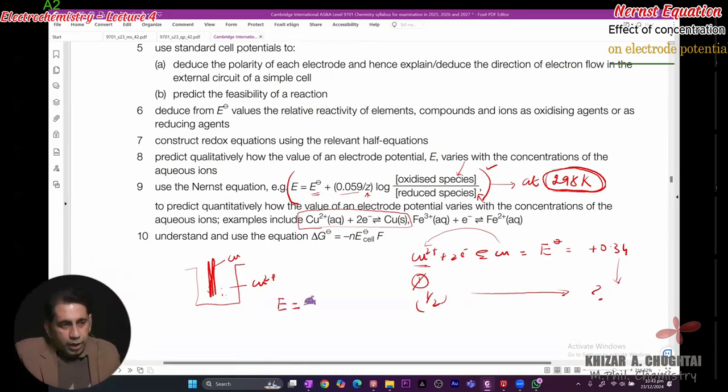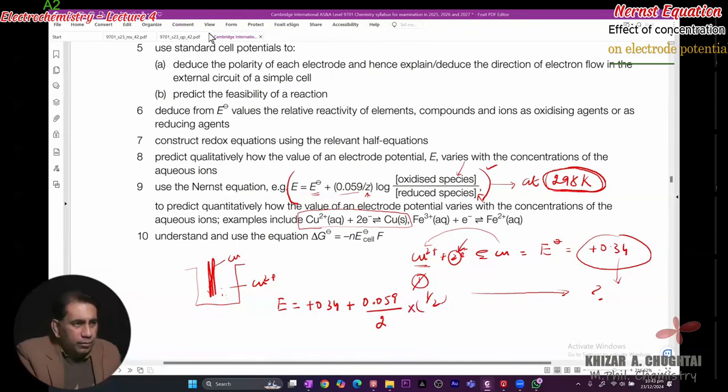E is equal to E naught, the original potential, 0.34, plus 0.059 divided by Z. Z is the moles of electrons exchanged during this reaction with respect to 1 mole concentration, that is equal to 2, into log of, which one is the oxidized form in this whole box, that is copper 2 positive ion, and now its concentration is half, and the copper is a solid, and for a solid the concentration is always taken as 1.